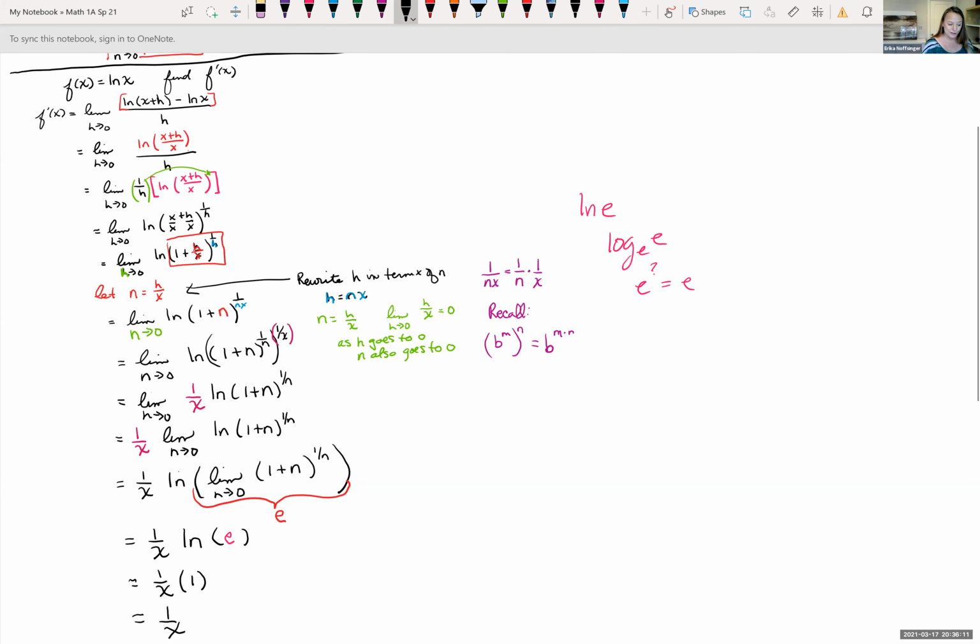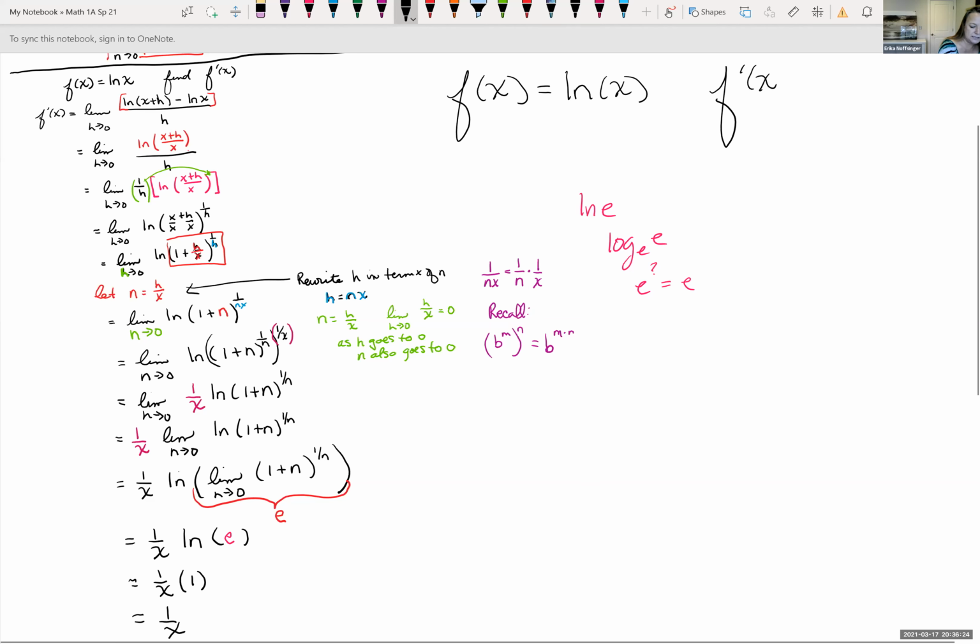So we just derived the derivative. If f of x is equal to the natural log of x, then the derivative of f of x is equal to 1 over x.